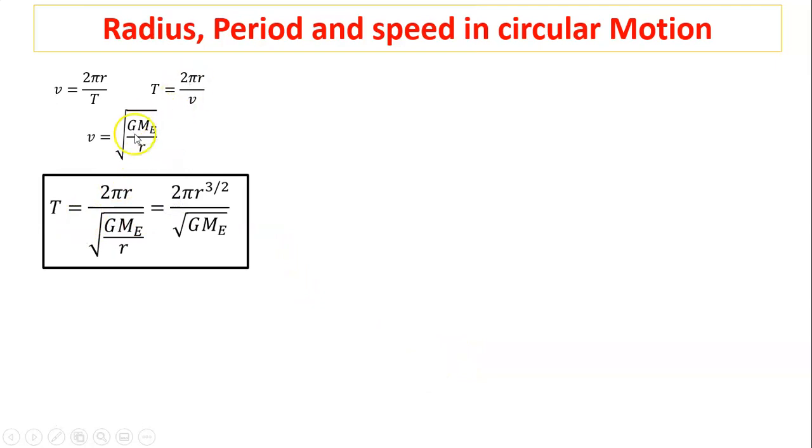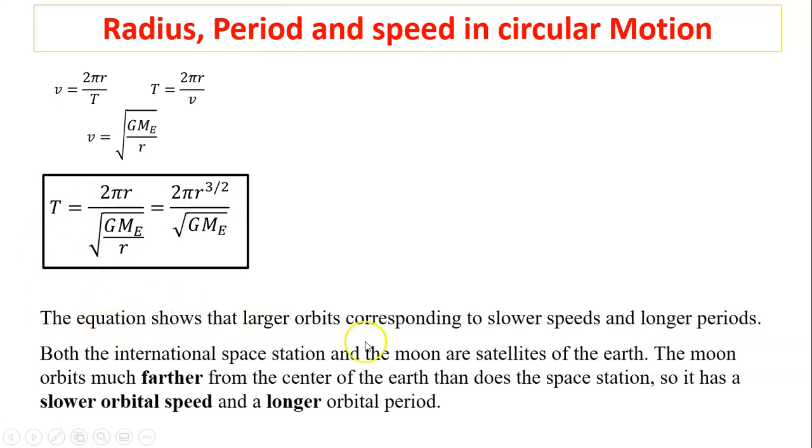And so we substitute this v here, we get T equals 2 pi r to the 3 over 2 divided by the square root of GM. So the bigger the radius, the longer it's going to take for the satellite to go around. This equation shows the larger the orbit, the slower the speed and longer the period. Both the International Space Station and the Moon are satellites of Earth.